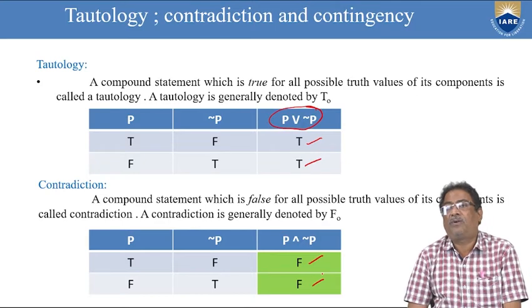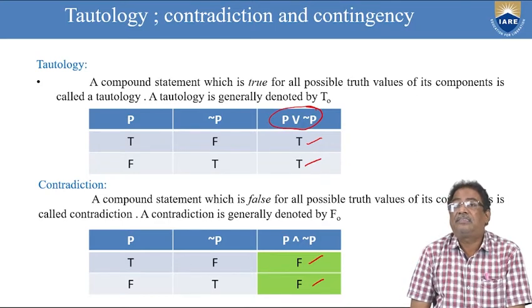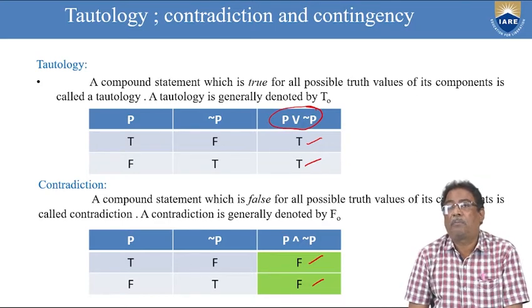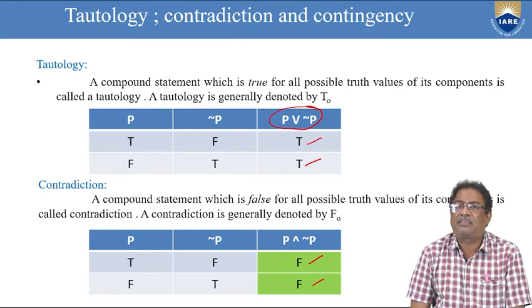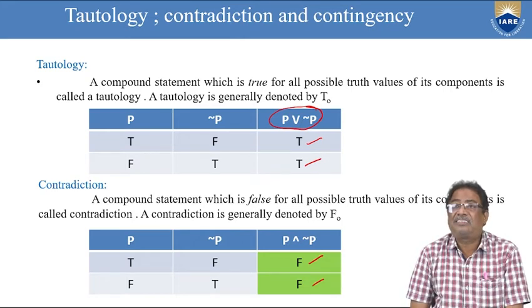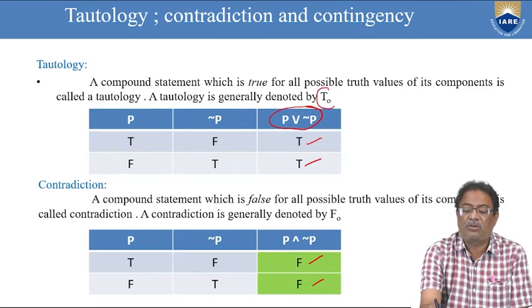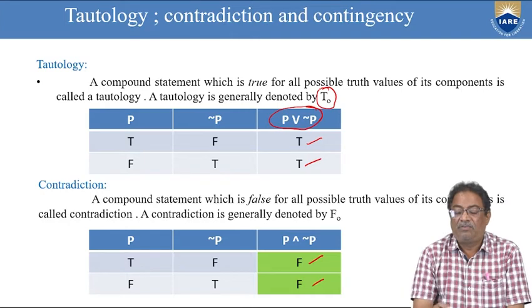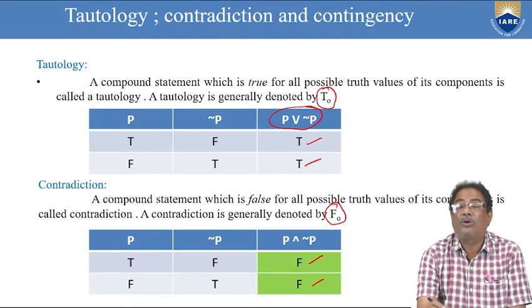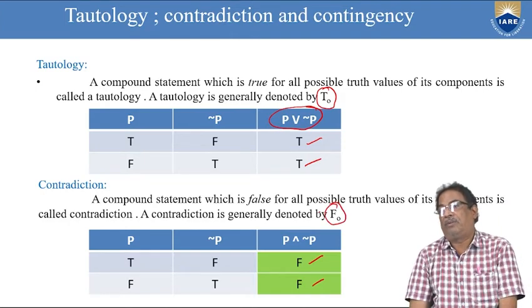And in the same way, if for all the combinations we get false, then the compound statement is known as a contradiction. The tautology we represent with the symbol T naught, whereas the contradiction we represent with the symbol F naught.